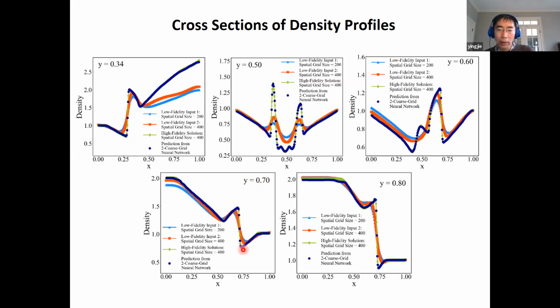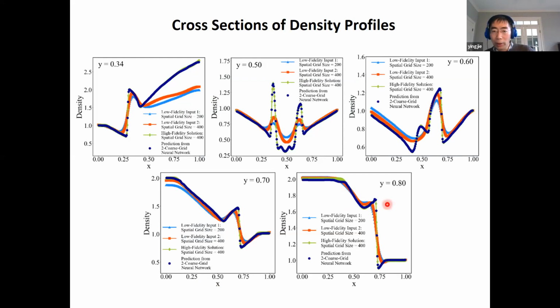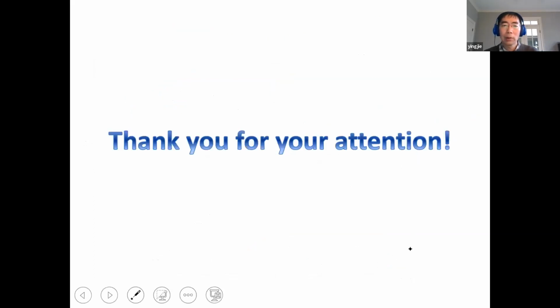It does pretty well. This is a very narrow shock wave. And this is y equal to 0.8, about here. There's a single shock wave here, and it is captured by the dark blue pretty well. The input solutions are pretty smeared. Thank you very much for your attention.